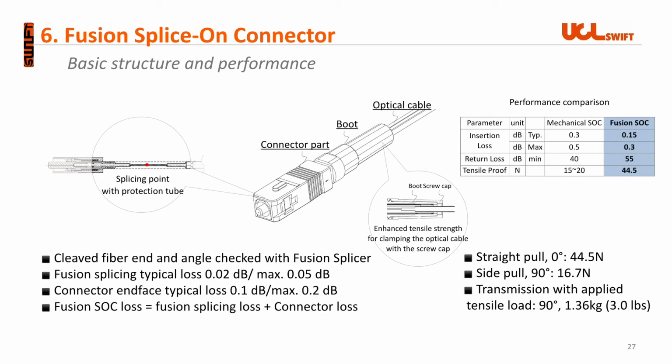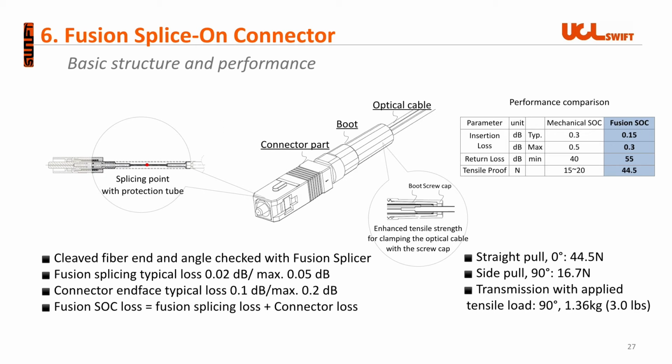The features of the Fusion Splice-on connector: cleaved fiber ends and angles are checked with the fusion splicer, and the result can be seen on the display. Fusion splicing typical loss is 0.02 dB and max 0.05 dB. Connector end face typical loss is 0.1 dB and max 0.2 dB.